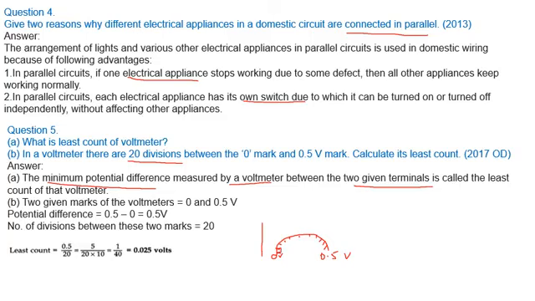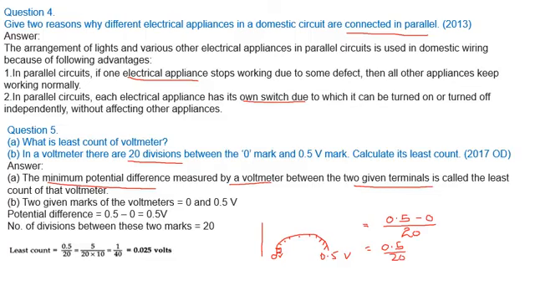So what we are going to do is subtract the lowest value from the highest value, and divide by the number of divisions. So that will be 0.5 divided by 20.